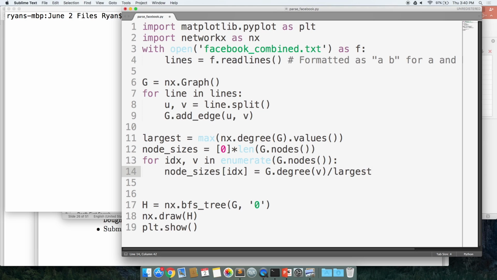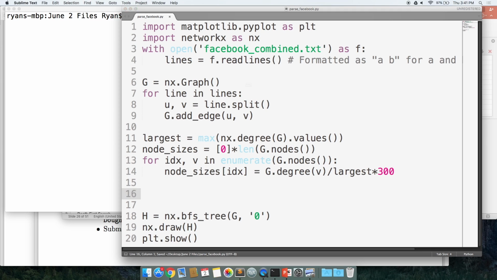There are a number of ways of normalizing in general, but what you do most of the time is just divide by the largest one. So it becomes a number between 0 and 1. It turns out that this circle is too small, so we're going to multiply by a constant for each one. The best one I found was 300, but it's just a constant to add to it.